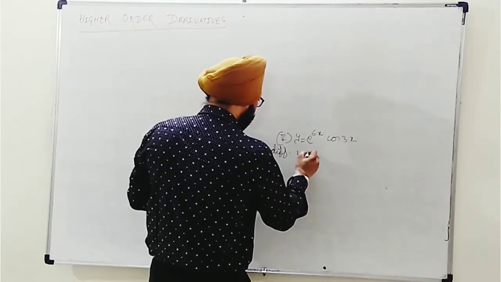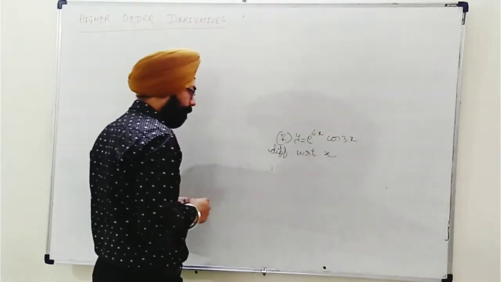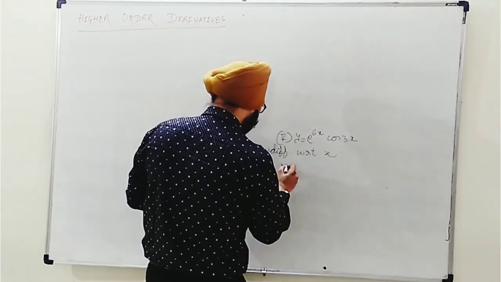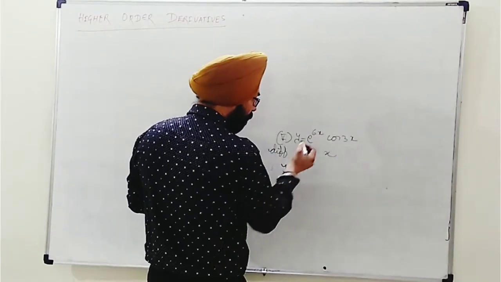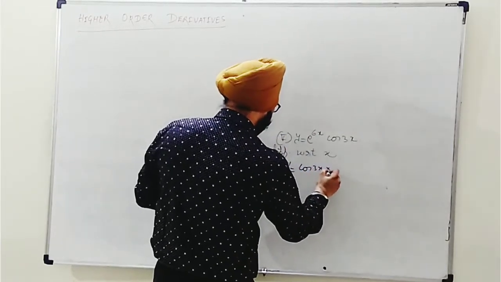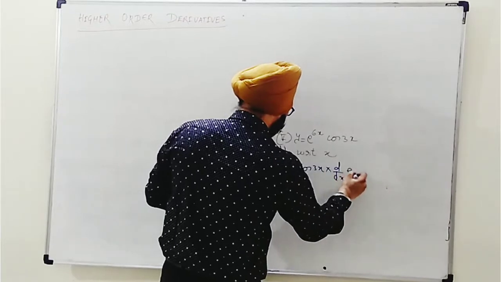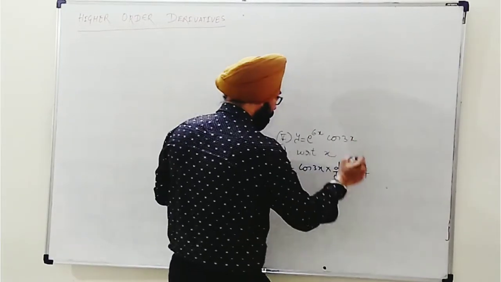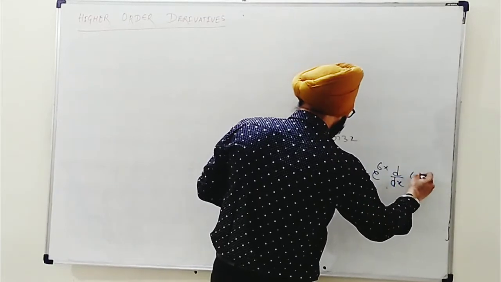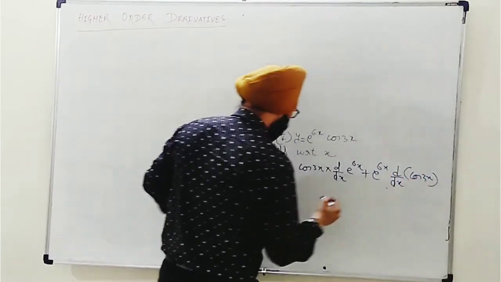Differentiating with respect to x, we get here dy by dx, so we can say y dash. First of all, e to the power 6x when differentiated, you can write here that in first term we are differentiating e to the power 6x, in second term we are differentiating cos 3x.